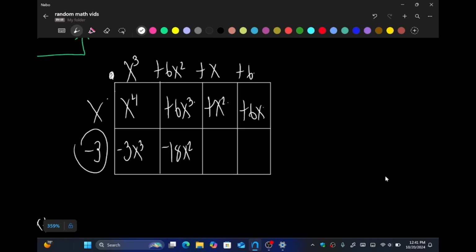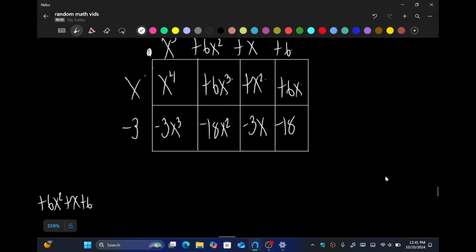Okay. Minus 3x. Minus 18. Okay, so this is kind of a lengthy one, guys. That's why I put it for last, because it is a challenging one. Okay.